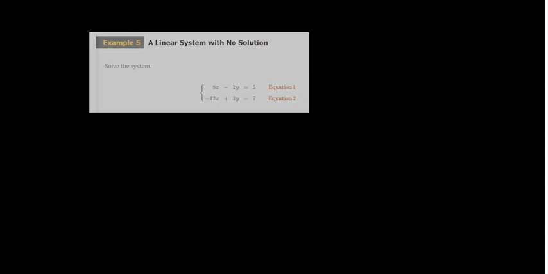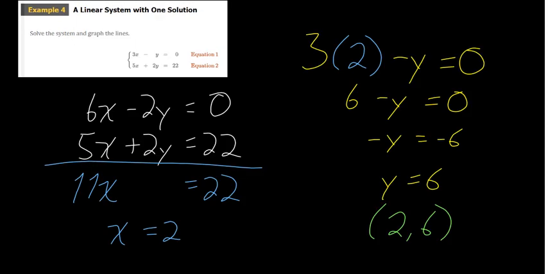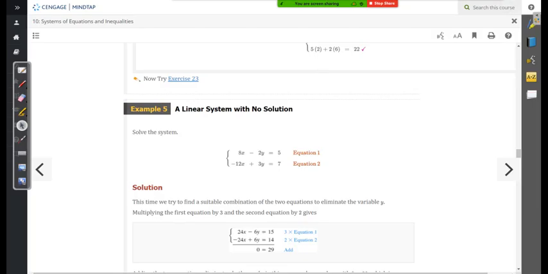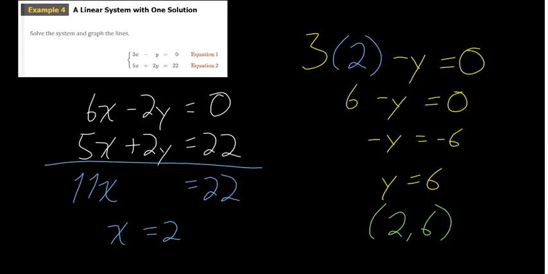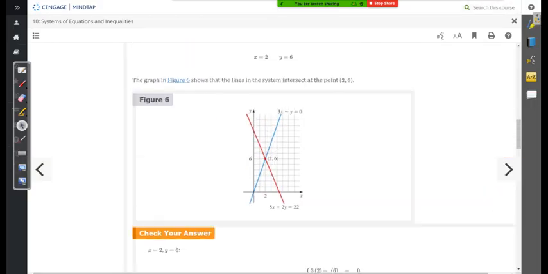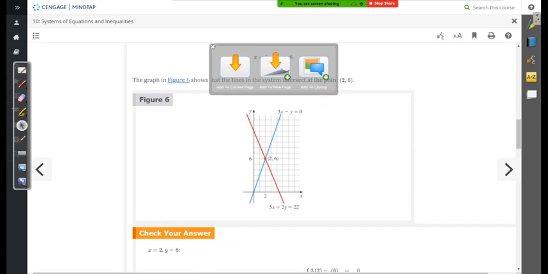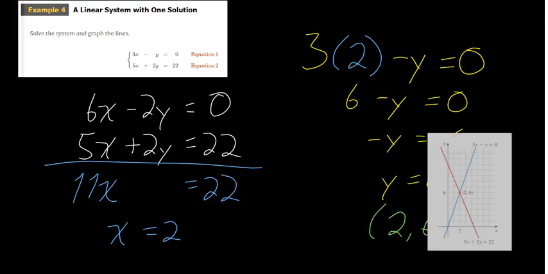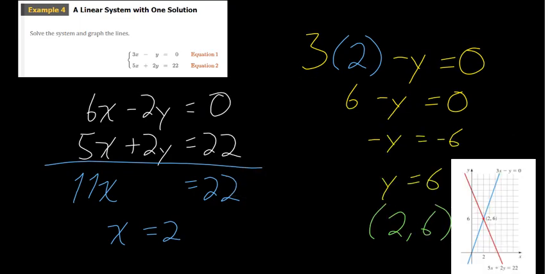Now let's look at a linear system with no solutions. Okay, and actually, do I even have room? Let's try this. I'm going to go ahead and put the graph of it off to the side, maybe. There we go. Okay, and of course, we did it through substitution, elimination, and then graphically.